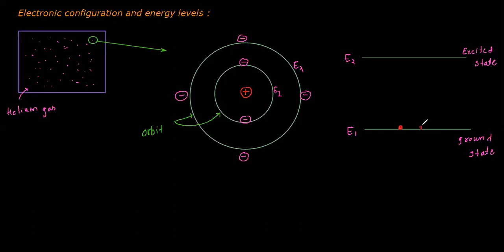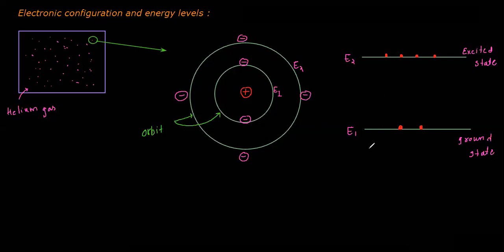This is one and two. And in your E2, the excited state, the second orbit, we have four electrons. Let's say this is one, two, three, and four.